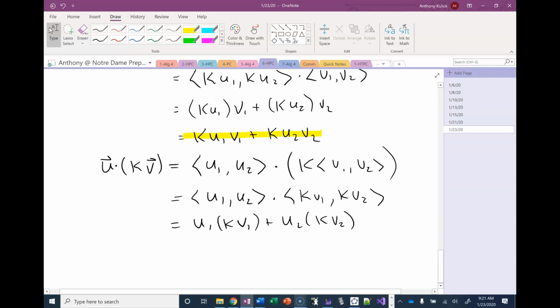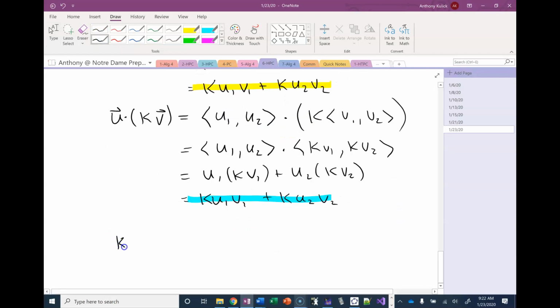And now since u1, k, and v1 are real numbers, it doesn't matter the order I do this multiplication. So I'm going to write it in this order. Similarly with u2, k, and v2, it doesn't matter the order I write them, so I'm going to write them in that order. Which you'll notice is the same thing that we got above in the yellow. So we have proven the first equality.